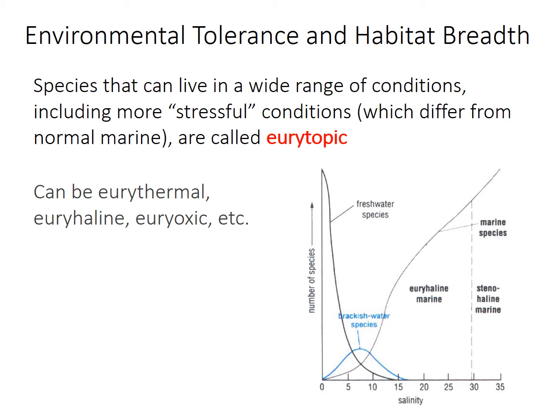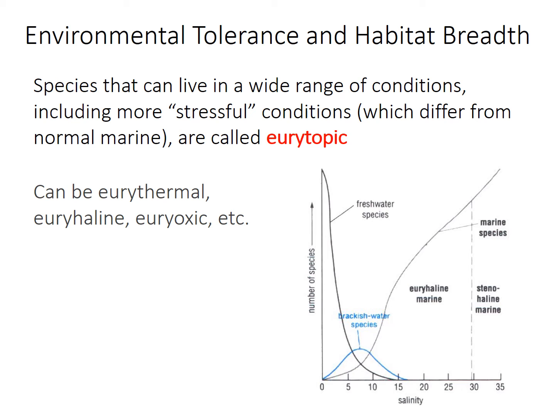So some organisms can tolerate a broad range of temperatures or a broad range of salinities. This typically means that they can live in environments that differ from normal marine conditions in terms of salinity, oxygen, etc. We often, at least loosely, call those conditions stressful if they're not exactly what the normal marine ocean is like.